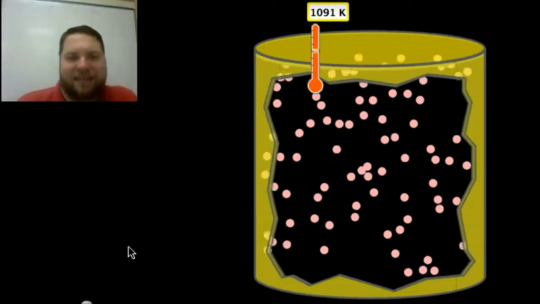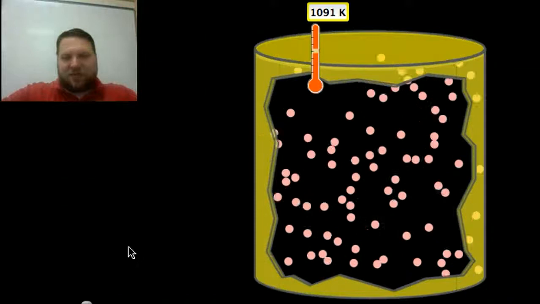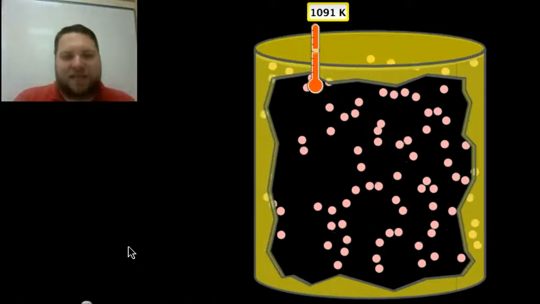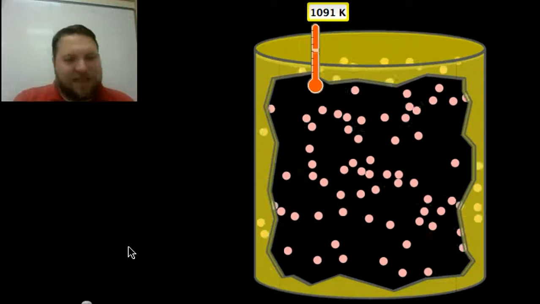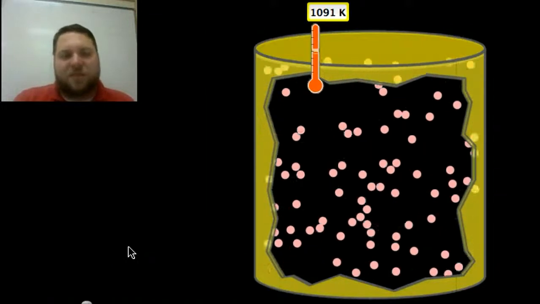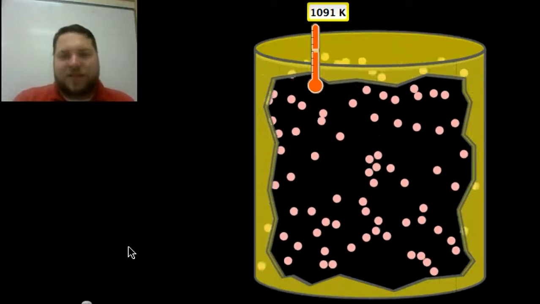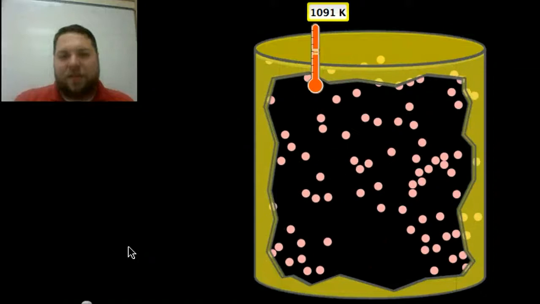Fluorescent lights, a plasma forms inside those glass tubes that you see. Neon lights as well, and plasma TVs use them too. But plasmas are not all that common on Earth.